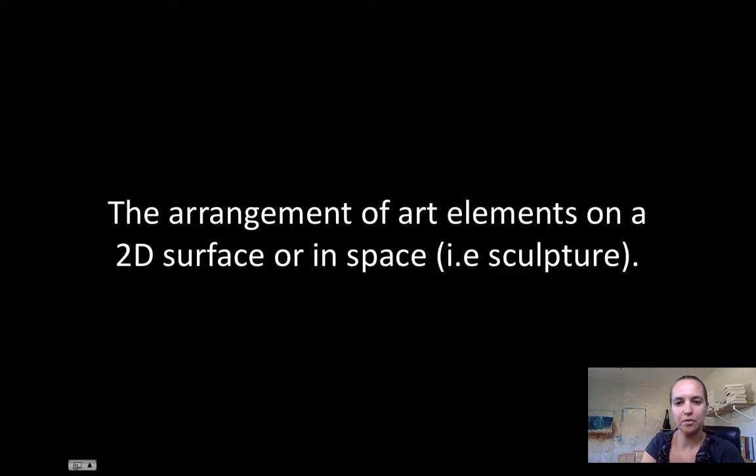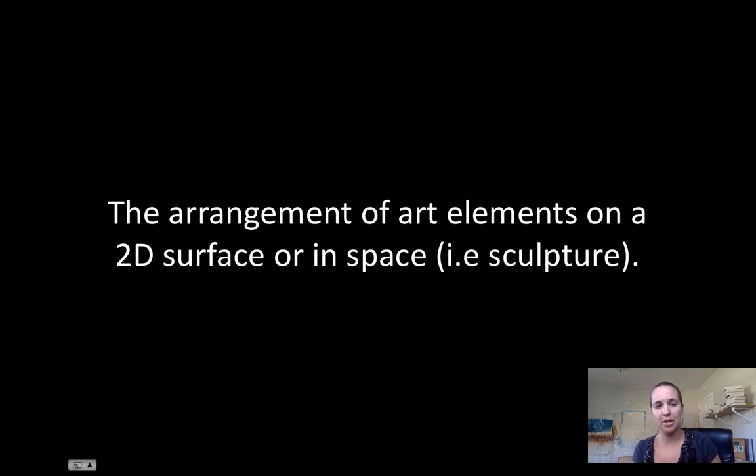So, what is composition? Composition is the arrangement of art elements on a 2D surface or in space. Like in sculpture, we are not only working with a 2D surface. We hear composition used in different ways.